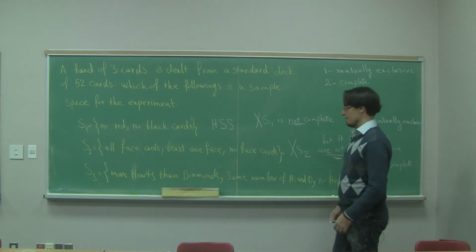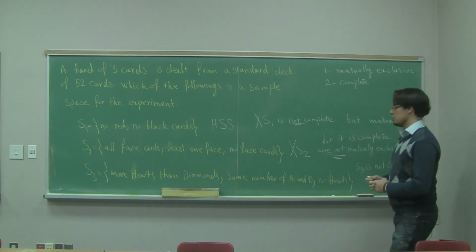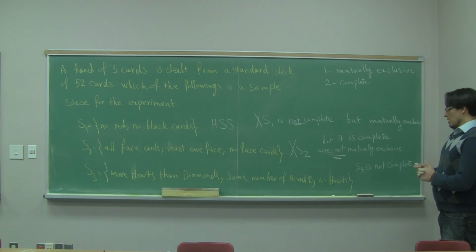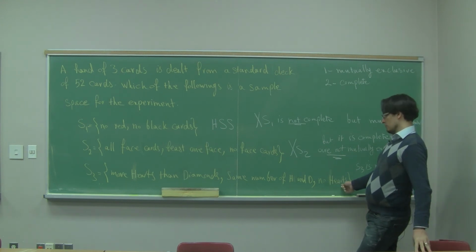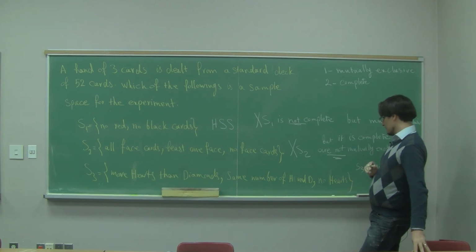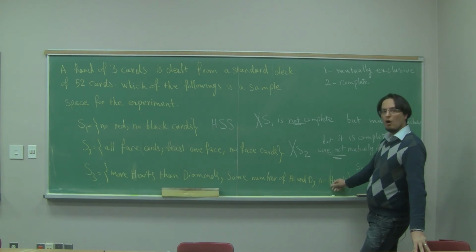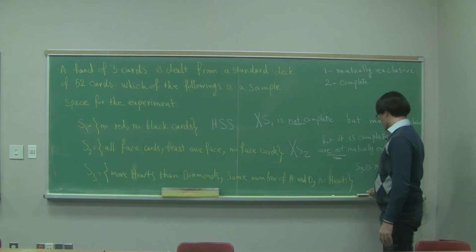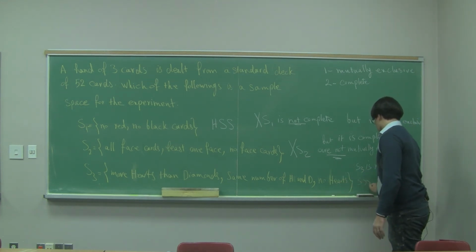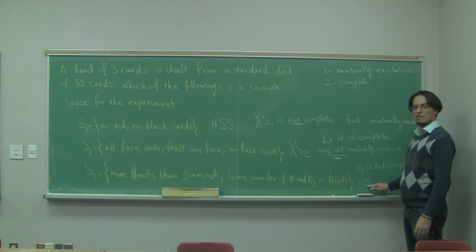How about being mutually exclusive? Well, you see, if I have no hearts, for example, in this case, no hearts, we can have no hearts and no diamonds. For example, if my hand is 3 spades, so the number of hearts is 0.